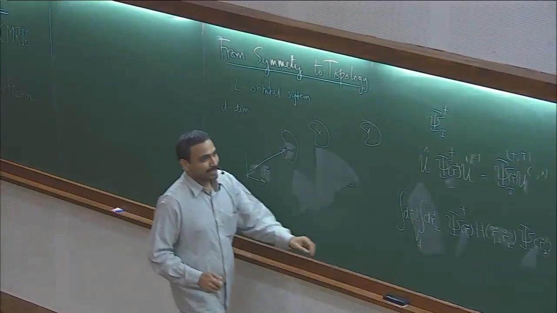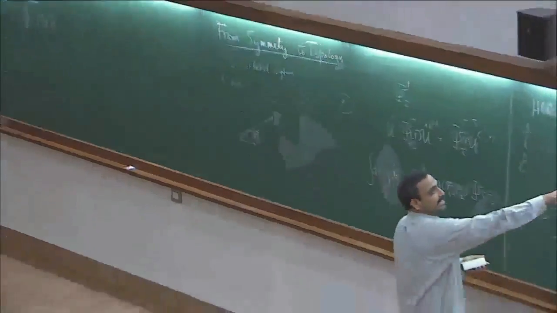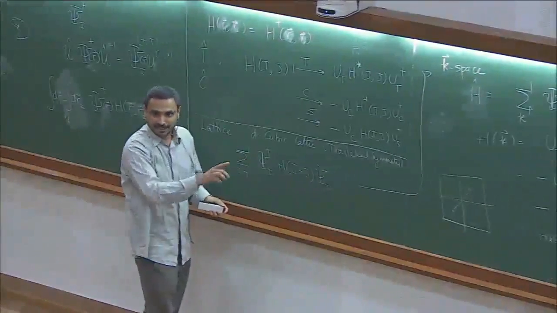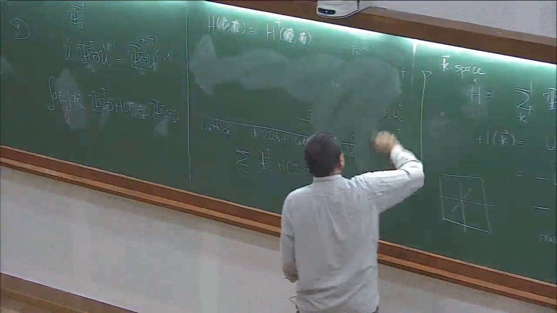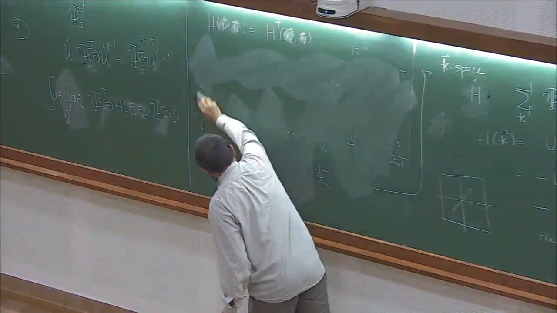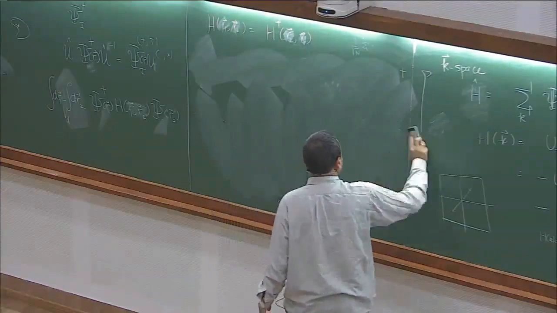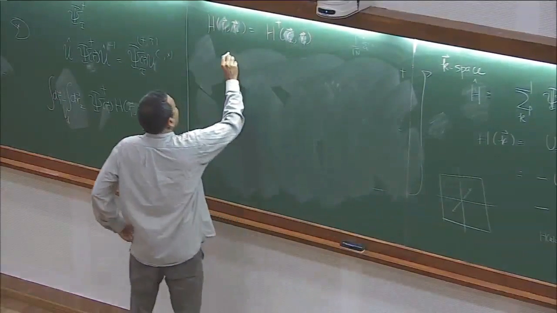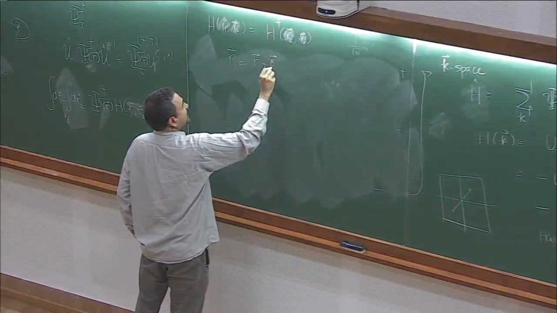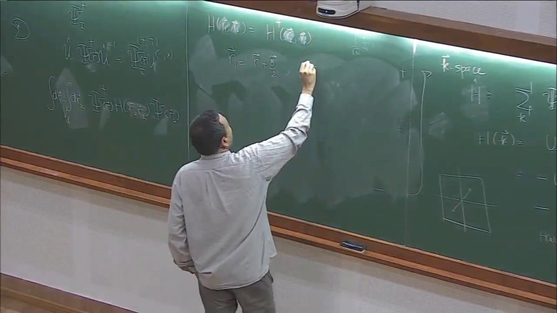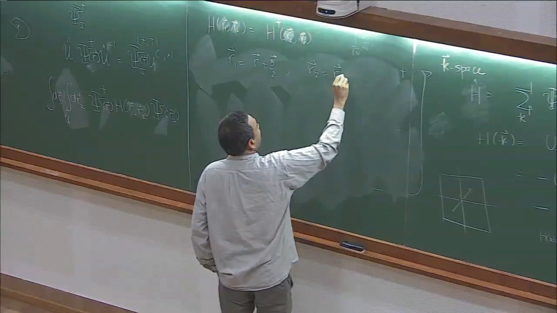Okay. Now I can write different kinds of symmetry conditions, etc., which I will not get into immediately. What I will do is the following trick. I will write R1 is equal to R plus delta by 2, and R2 is equal to R minus delta by 2.